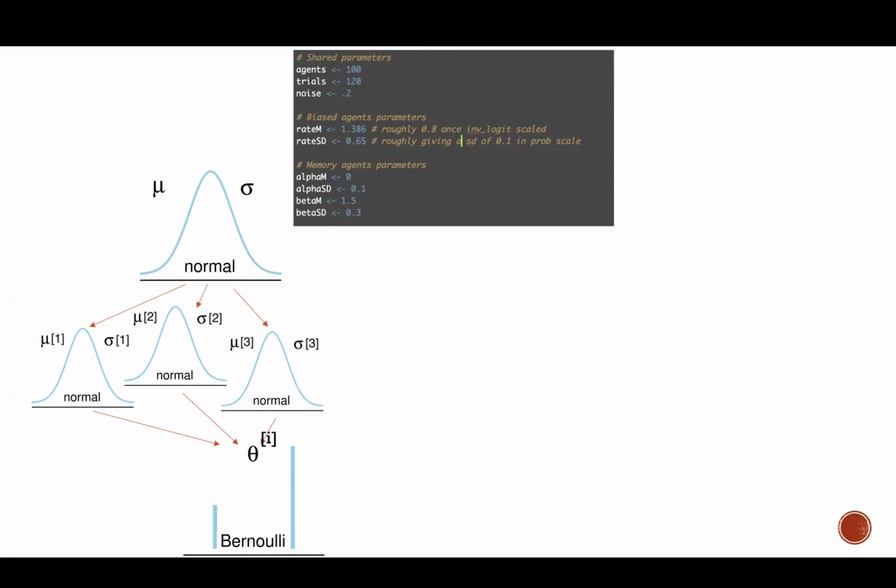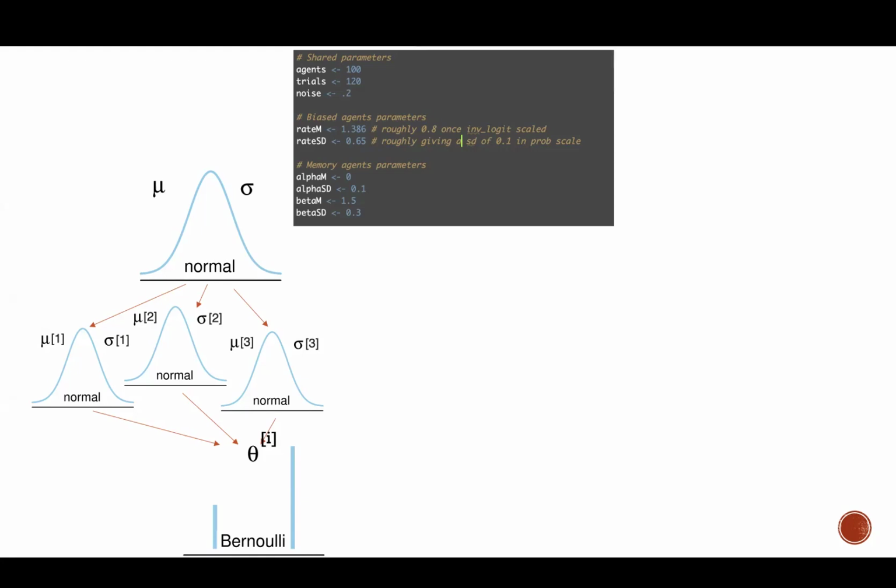When we look at the memory agent parameters, again, we're defining the population level first, because then we'll sample the individuals from the population. The alpha, so the bias mean, is 0, so there's no bias. But there is a standard deviation of 0.1, meaning that there's going to be a slight bias in choosing right or left.